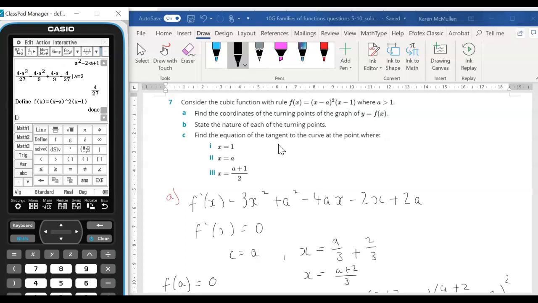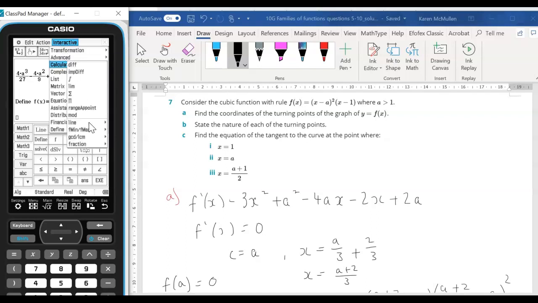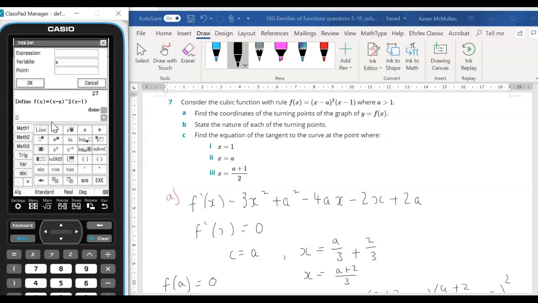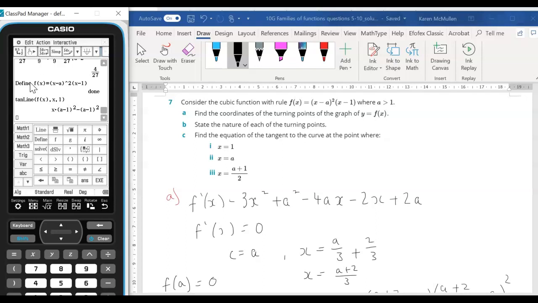Now, if we're finding the tangent at the curve at x equals 1, remember I can go in and, what was it? There we go. Calculation, tangent line. Could probably just do this, f of x at x equals 1. So there's our equation there.